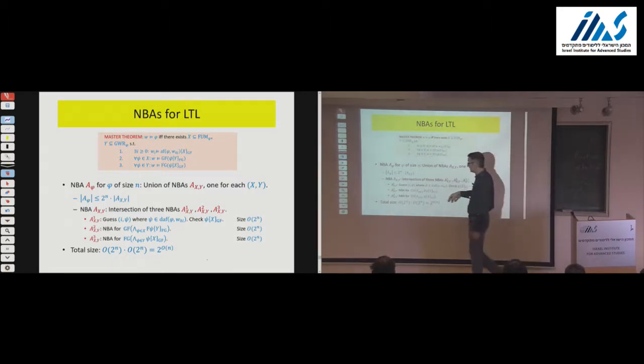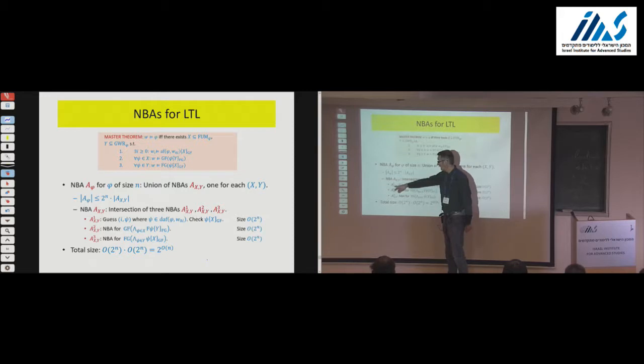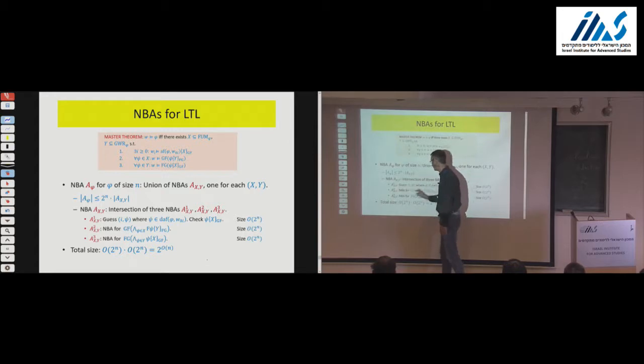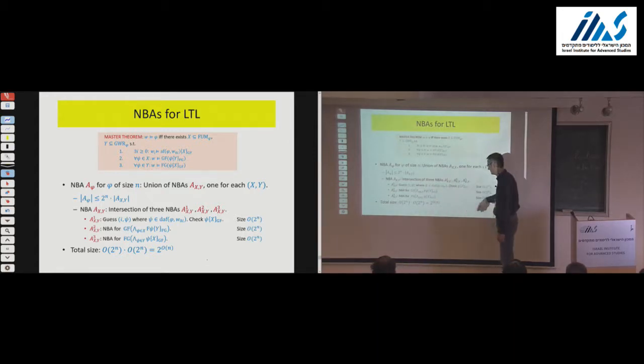But now here you have non-determinism, so in order to check condition 1, you can just guess the i. You guess the i, and then you move directly to the formula that you have to check, and you check it. It's very easy to construct an automaton for that of exponential size.